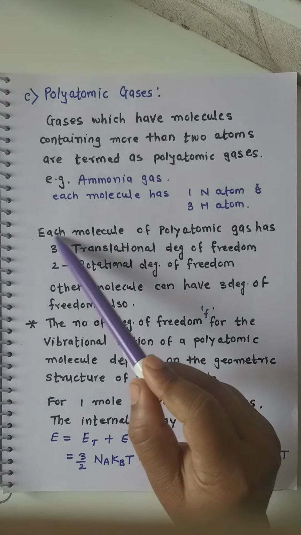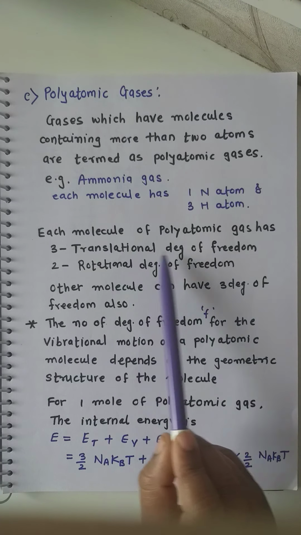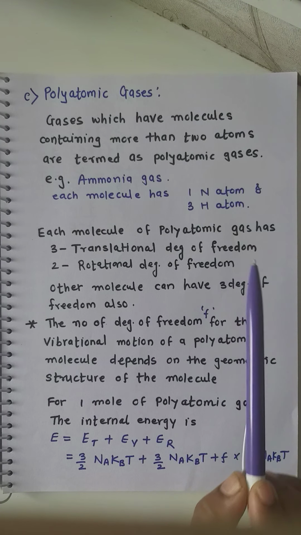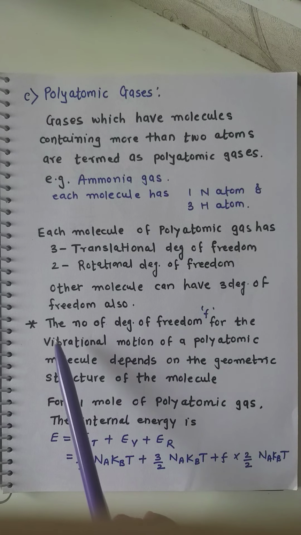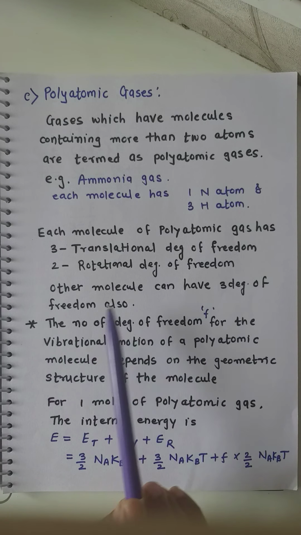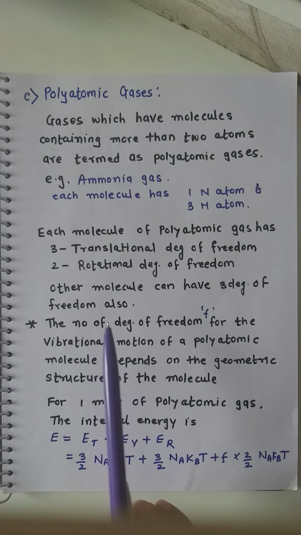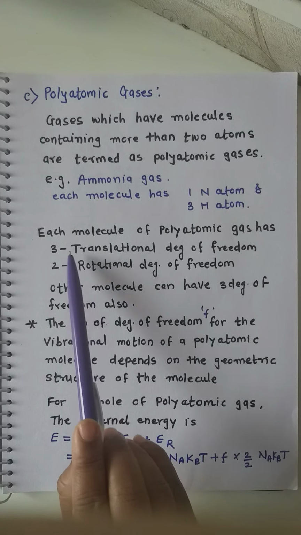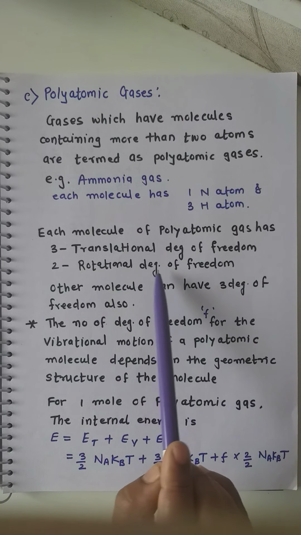Now each molecule of polyatomic gas has 3 translational degrees of freedom and 2 rotational degrees of freedom. Other molecules can have 3 rotational degrees of freedom also. We are now considering only ammonia, which has 3 translational and 2 rotational degrees of freedom.